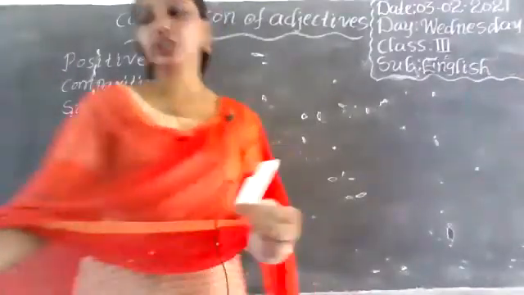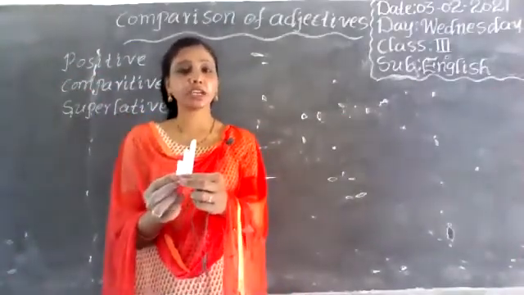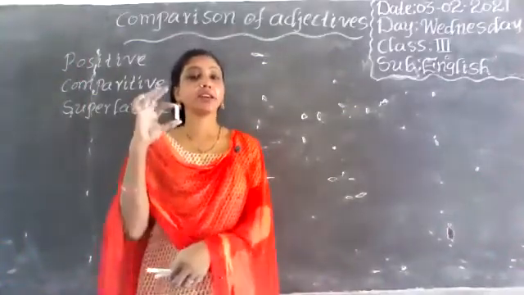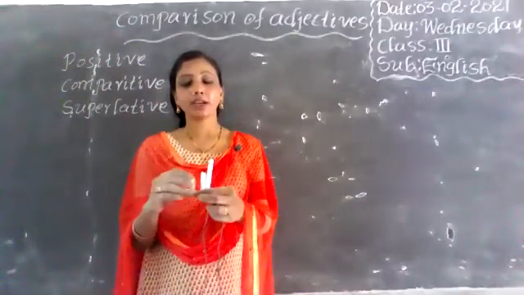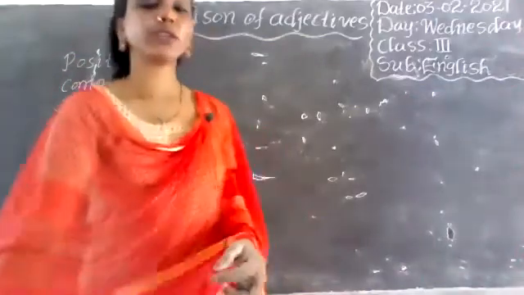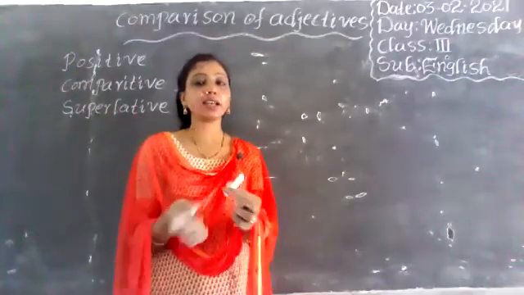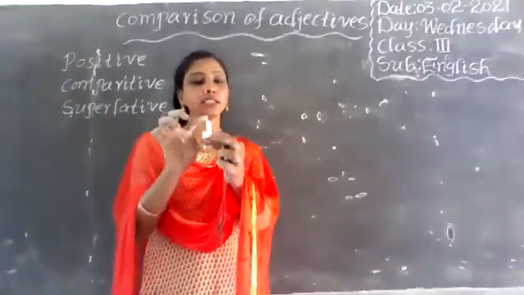If I show you three chalk pieces now, look at here. Are these three chalk pieces the same size? No. I have a long chalk piece now. Now I'll compare these two chalk pieces. This chalk piece is longer than this chalk piece. See here, this is long, this is longer.